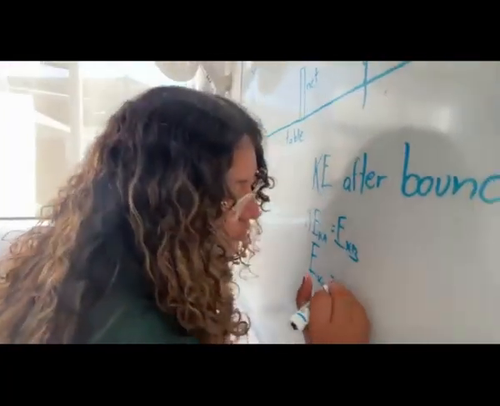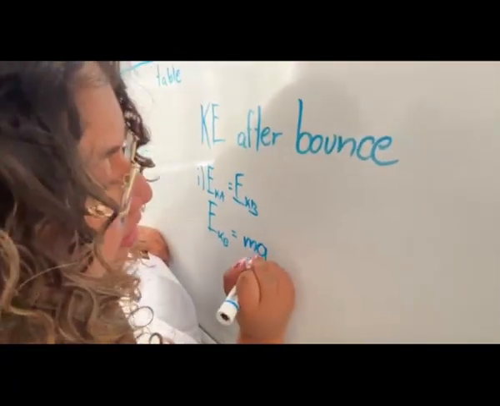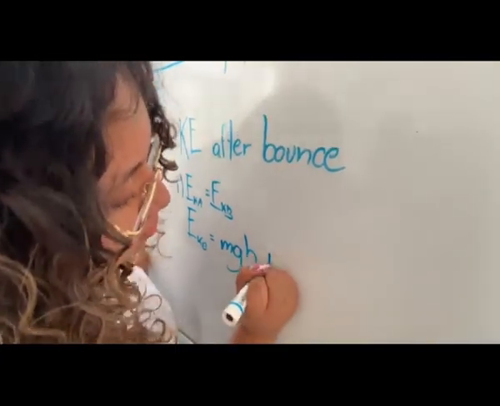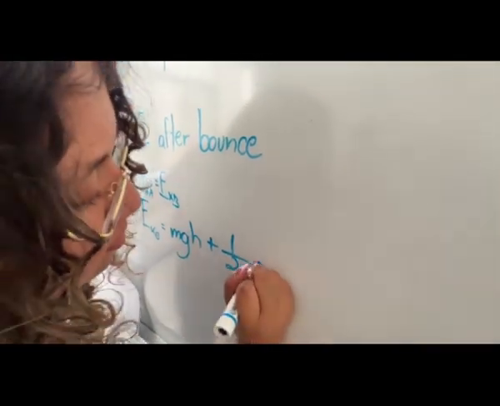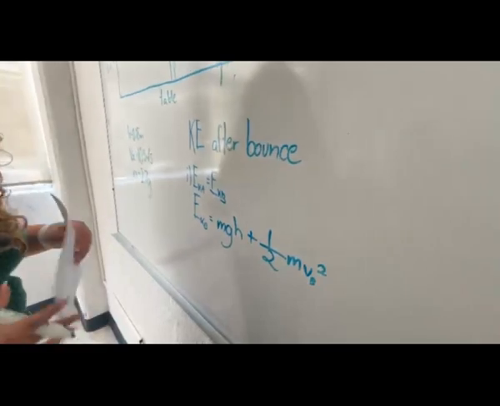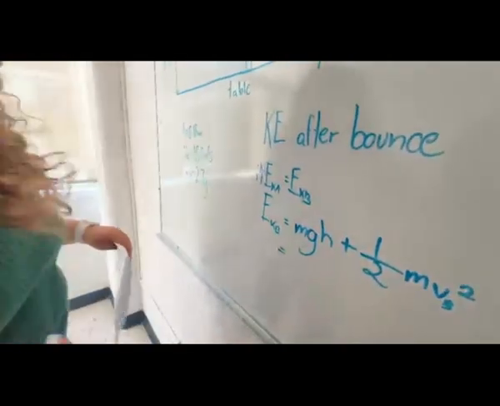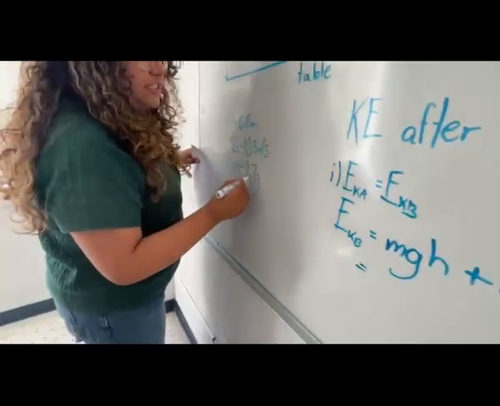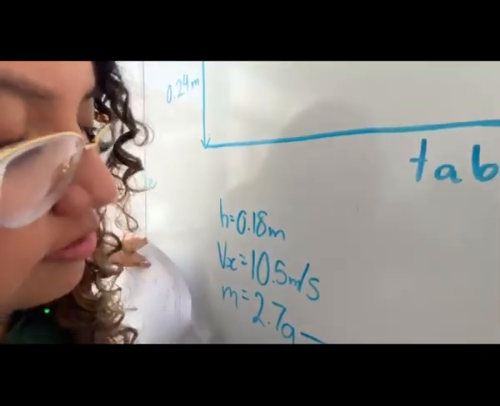Okay, so for potential energy, it's mass times gravity times height plus 1/2 the mass times velocity squared. So we know that the mass is 2.7 grams, but we have to work with kilograms.